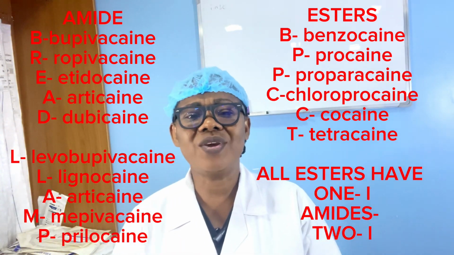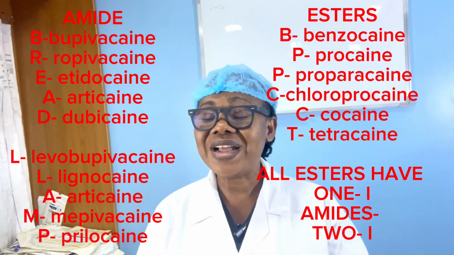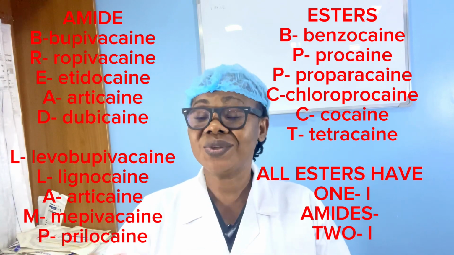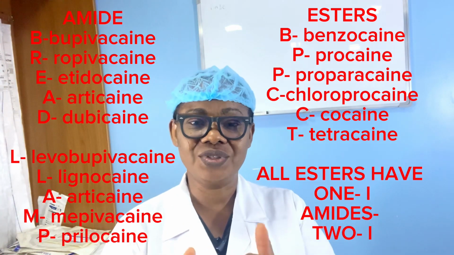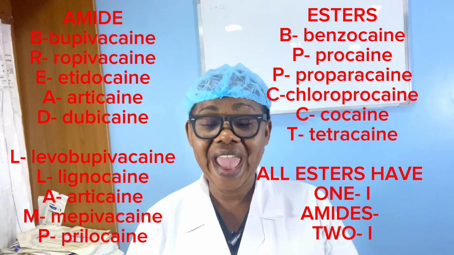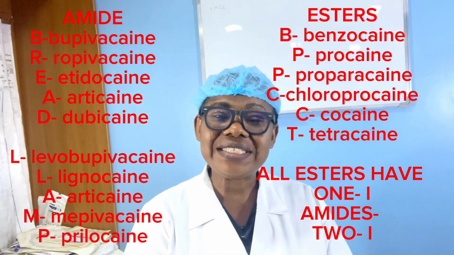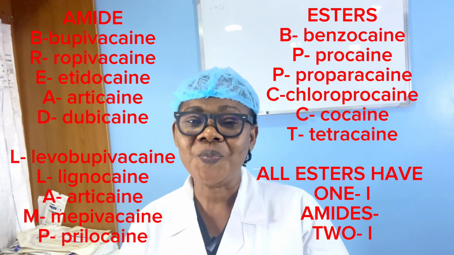And then when you talk about the quick onset of action, lipid solubility is also a factor, but it is in the form of fractions. I will let you understand. The pKa of a local anesthetic agent will determine the quick onset of action of that drug.